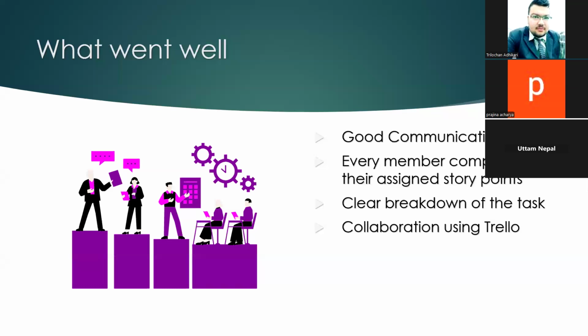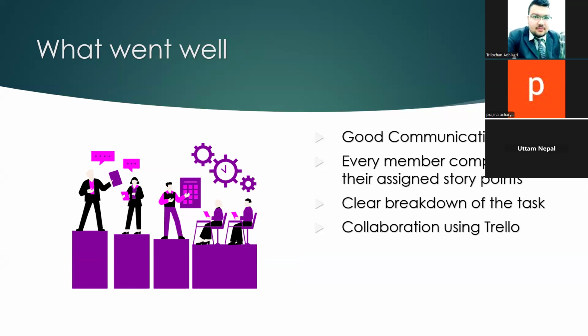Another is what went well. Good communication is one of the important parts of a project. We kept open and timely communication within our team. Regular check-ins and transparent discussions were there. Every member completed their assigned story points.